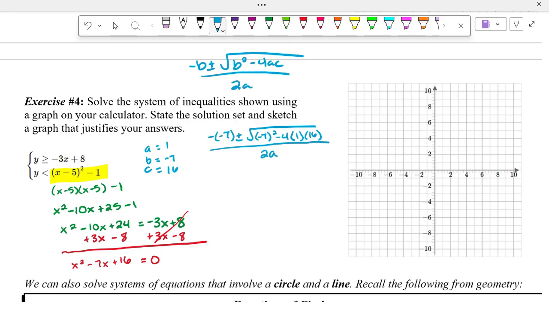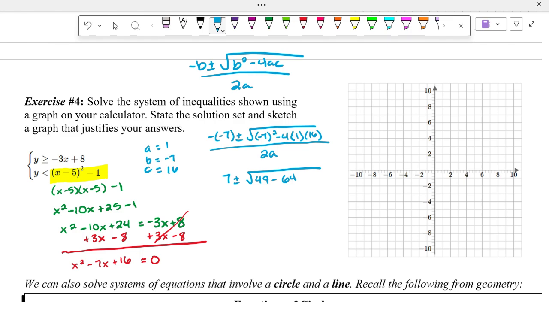All right, so then this would be 7 plus or minus the square root of 49 minus, is it 64? Yeah. Yes.